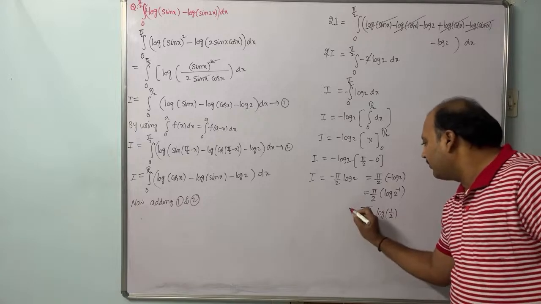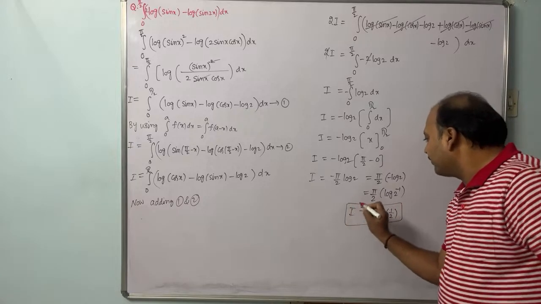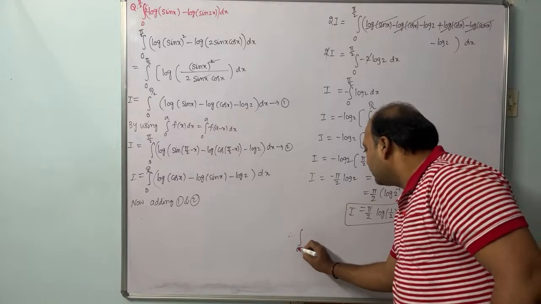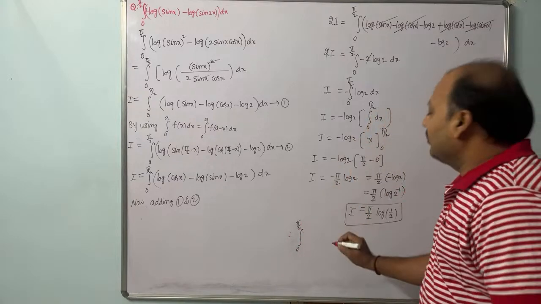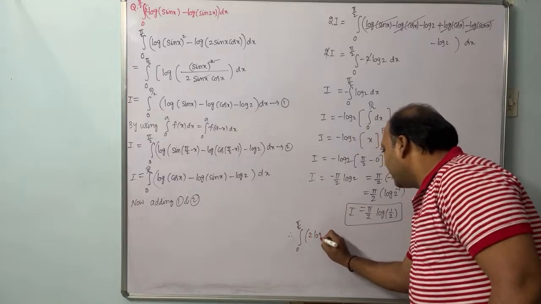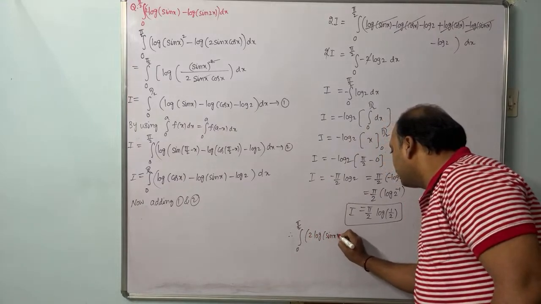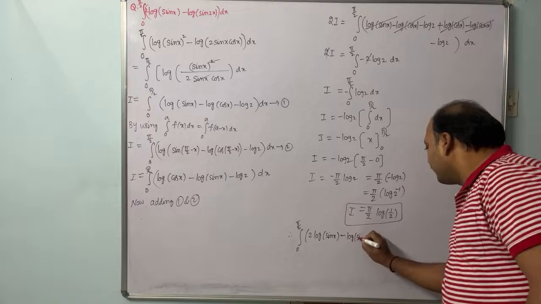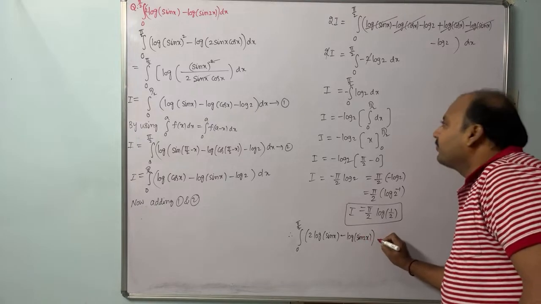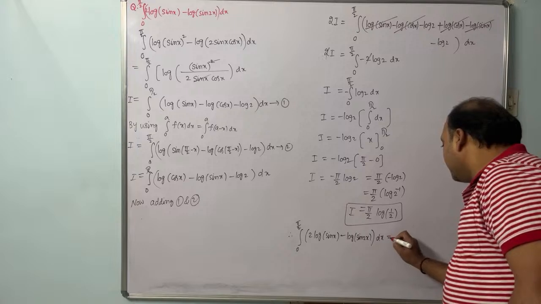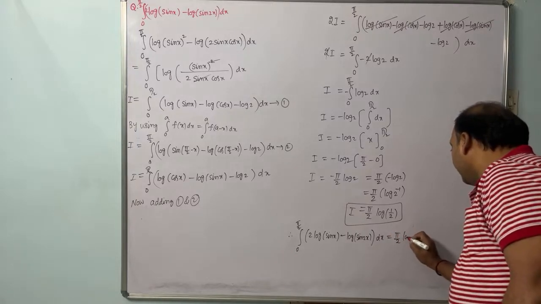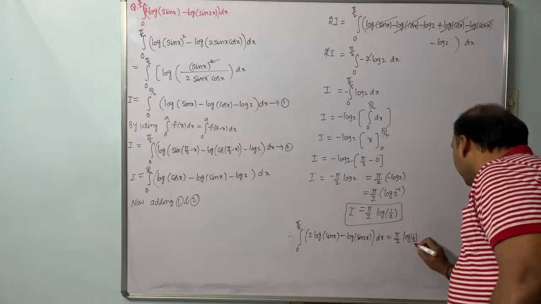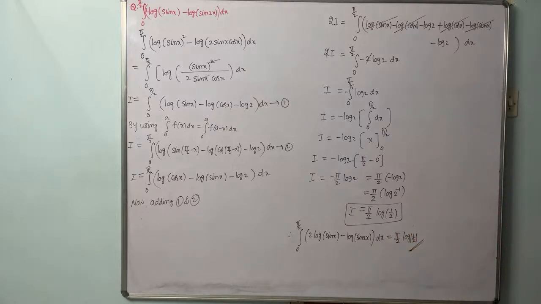So therefore, the integral from 0 to pi by 2 of 2 log of sin x minus log sin x into dx is equal to pi by 2 log 1 by 2. Okay, dear students, we'll move on to the question.